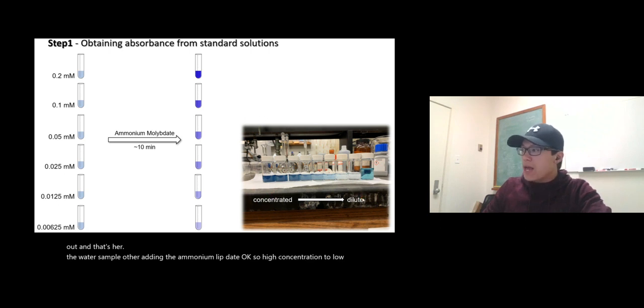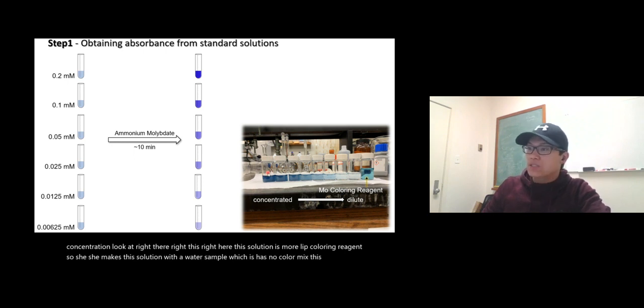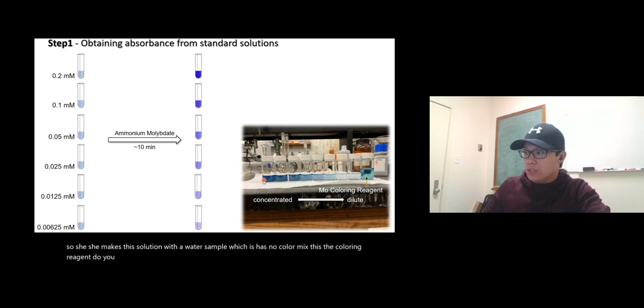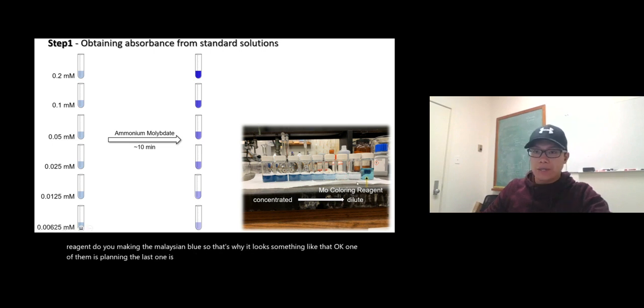Look right there. This solution is the molybdenum coloring reagent. She mixed it with the water sample, which has no color, making the molybdenum blue. That's why it looks like that. One of them is blank. The last one is a blank. You always have a blank.